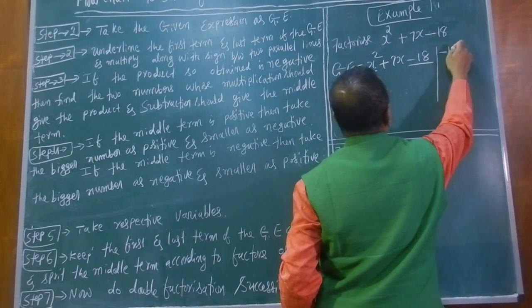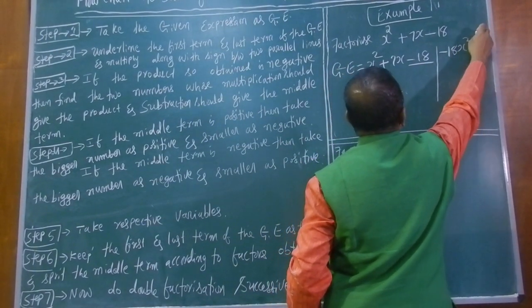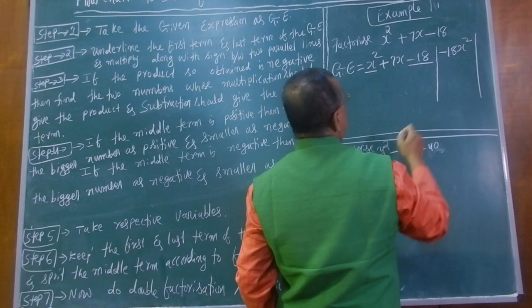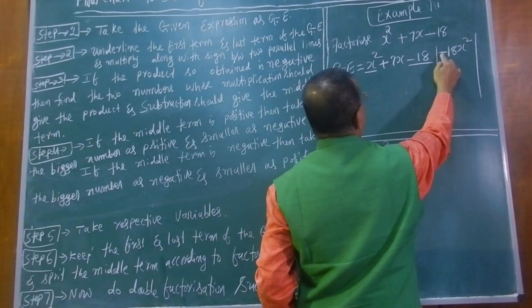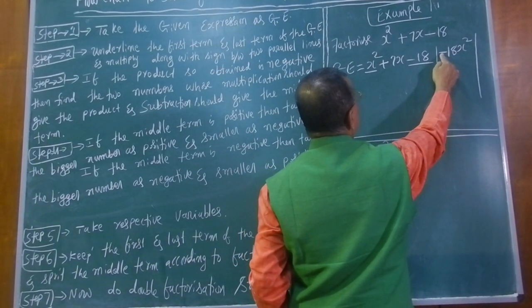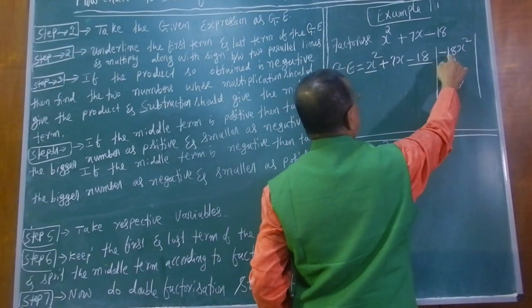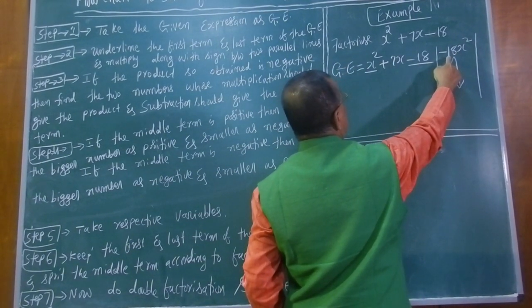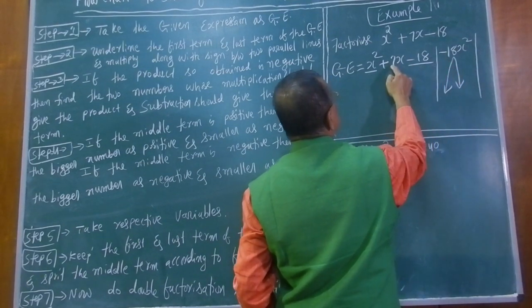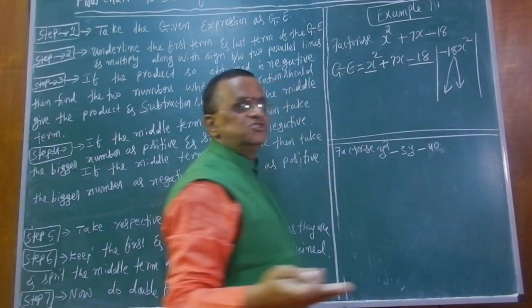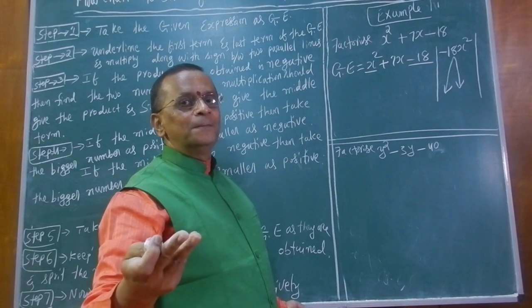Multiply along with sign. So I get minus 18x square. Since the product so obtained is negative, I have to find the two numbers whose multiplication should give 18 and subtraction should give 7. Definitely you can guess the two numbers.